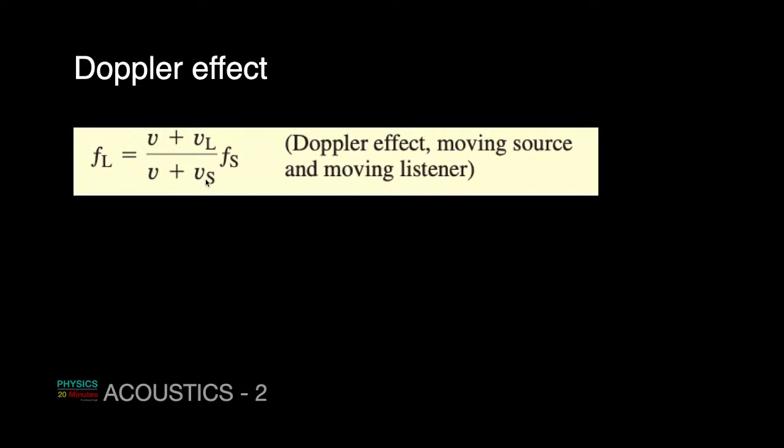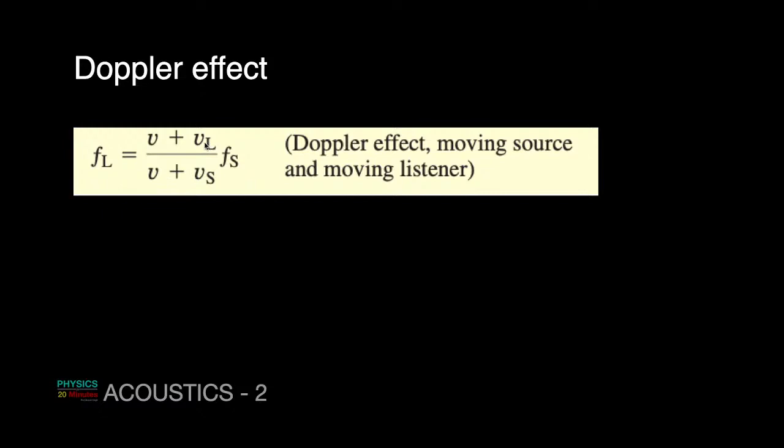Here I am assuming, and do remember carefully, that the source is going away from the listener and the listener is moving towards the source. So in this formula, it's a very inherent assumption, and this assumption is made in the reference book. I'm carrying the same one. When I write this formula, the source is moving away from the listener and the listener is moving towards the source.